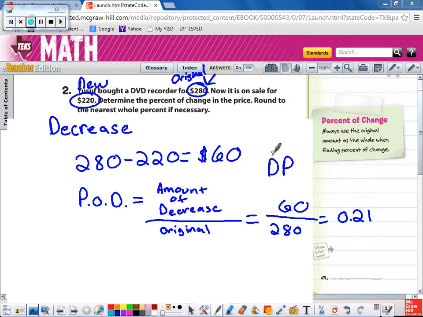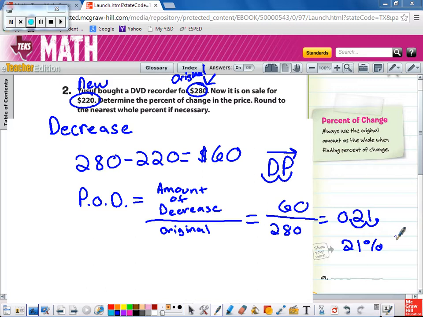So my decimal is going to move to the right because I'm going from decimal to percent, and I'm going to move it 2 times, 1, 2, and I'm going to be left with 21%. So he found that it is now on sale for 21% less than the amount he bought it for originally.